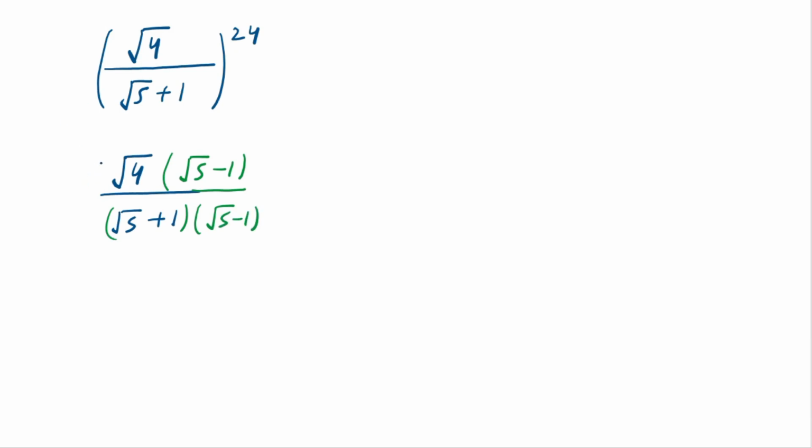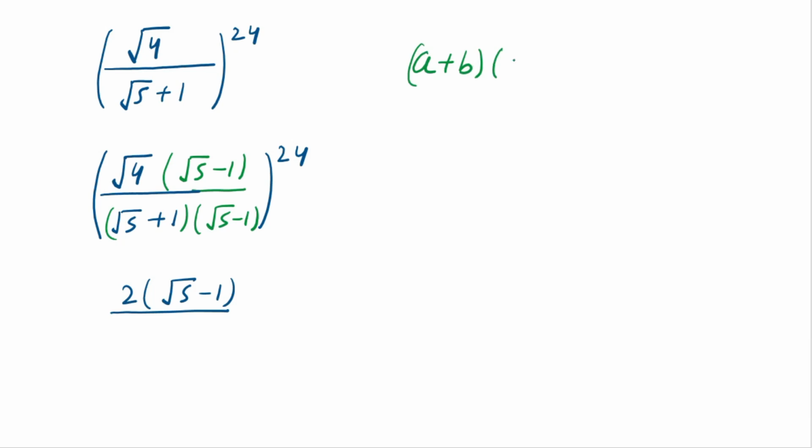Then here bracket power 24. In numerator, square root of 4 is 2 times square root of 5 minus 1, and in denominator if we apply this rule, a plus b times a minus b, this is equals to a square minus b square.